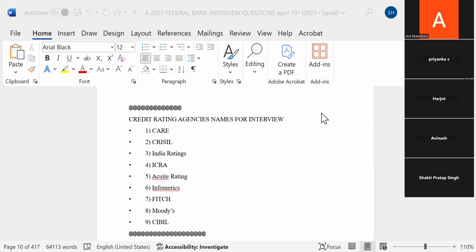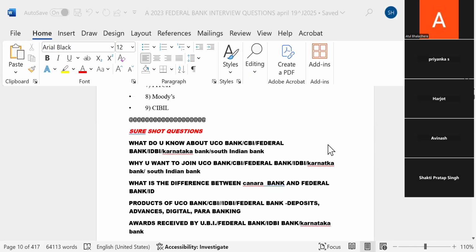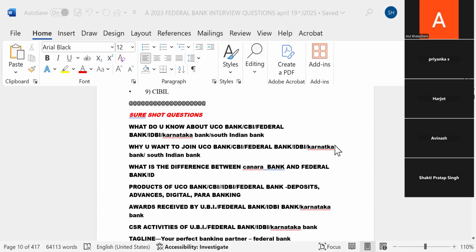That is why, for appointments with the State Bank of India, Punjab National Bank and others, they say your credit rating score should not go below 650 or so. If somebody has taken a home or education loan and not repaid it, then he will have a lower score, and that may affect employment chances also. Very good. Now, these are the sure short questions in any interview.